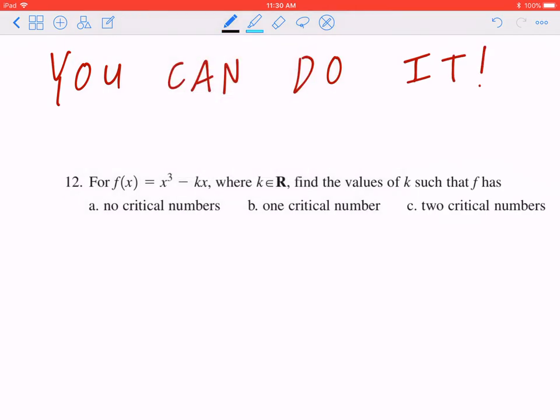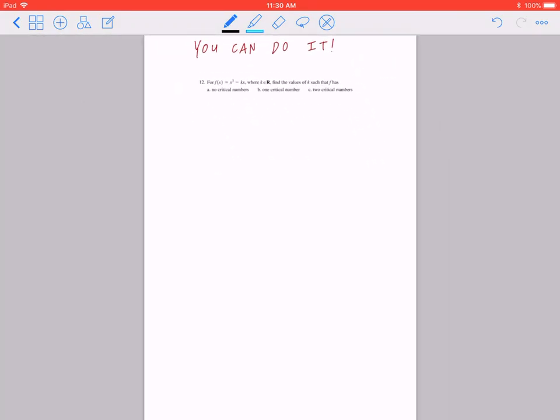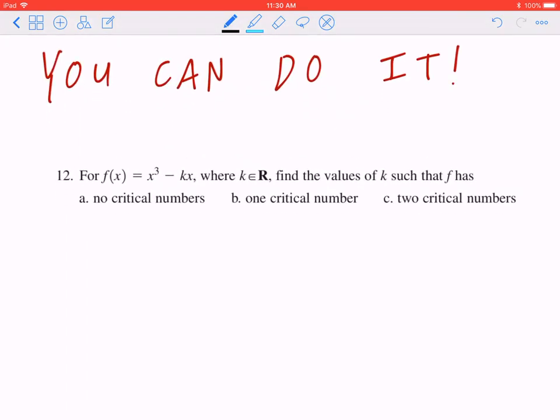Now, if I look at this, this is page 179, number 12. For f of x equal to x cubed minus kx, where k is an element of real numbers, find the values of k such that f has a, no critical points, b, 1 critical point, and c, 2 critical points.